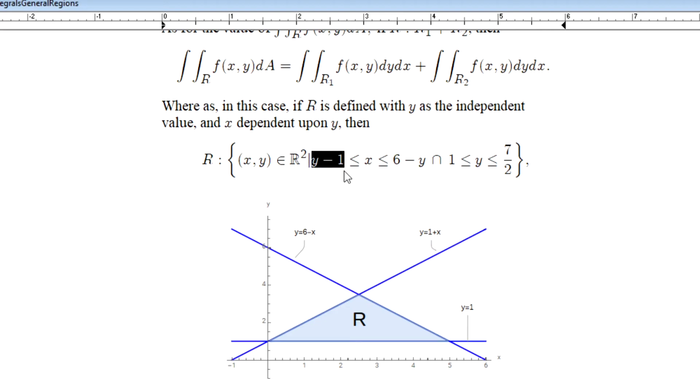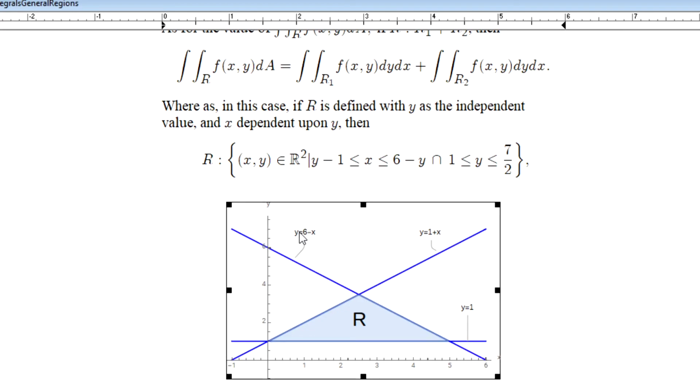So that's where I get my lower bound of y minus 1. And for an upper bound, that is going to come from the rightmost bound here, given by the equation y equals 6 minus x. In the case for y equals 6 minus x, again, that is where x is independent and y is dependent, but we want to express this with y as the independent variable. So to do that here, I have to solve this equation for x.